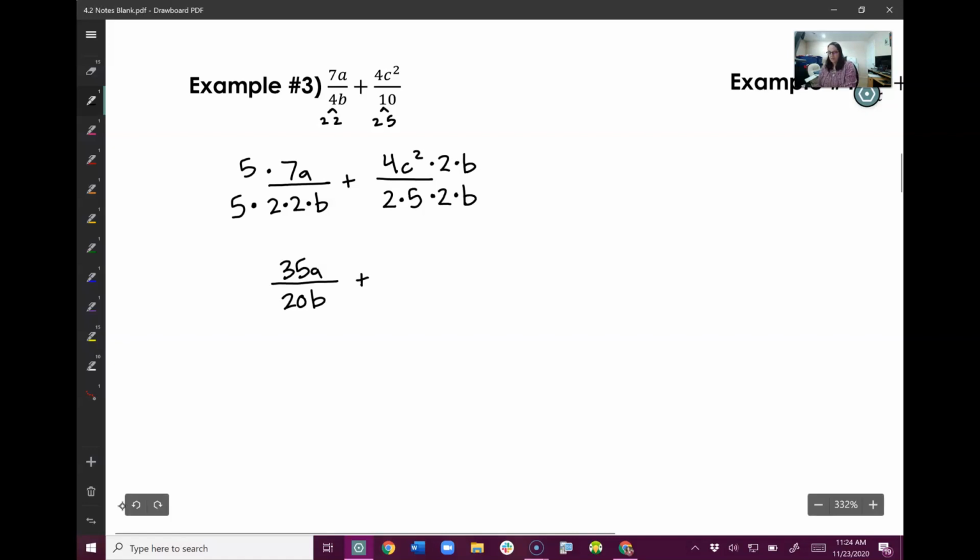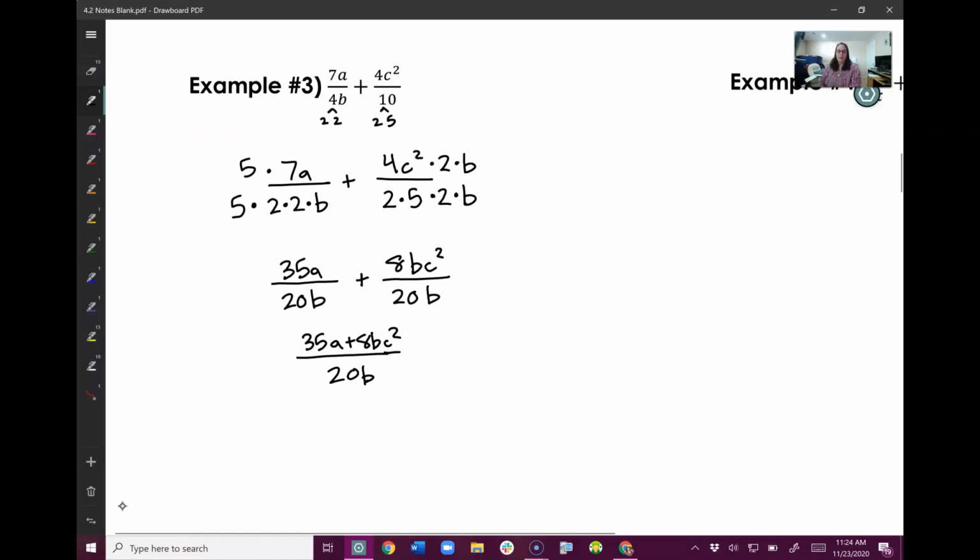Plus 4 times 2 is 8bc squared all over, also 20b. So there's our common denominator. So now we can add our numerators. And now we need to do that extra step of checking to see if it will simplify, just like we did in the last video.